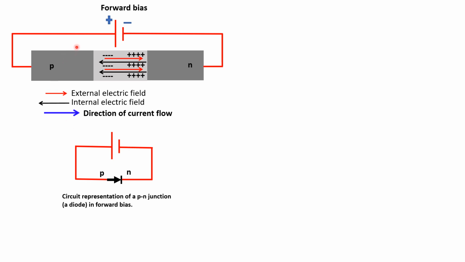Now notice that if we connect the p-n junction to a battery, there will be a new electric field in the p-n junction. There will be an external electric field due to the battery.